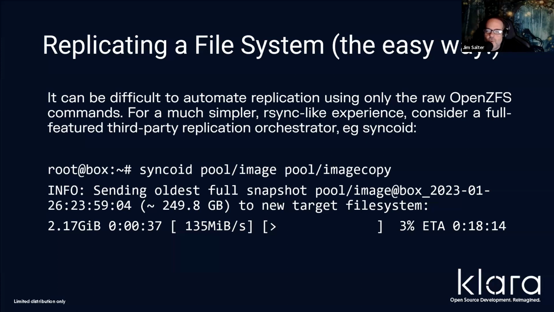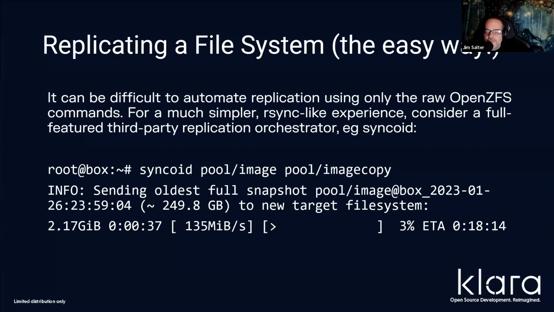However, there are a bunch of orchestration tools out there that make replication a whole lot easier. You can argue I'm biased, but I happen to think the best of them is my own tool, syncoid, which I'm showcasing here. So if you really love the way rsync works and feels, syncoid is absolutely the tool for you, because all you need is syncoid source target.